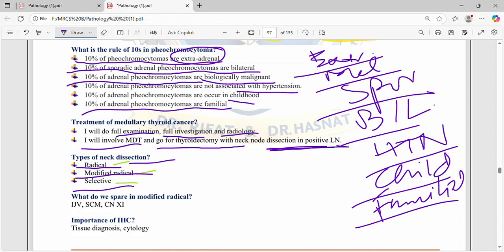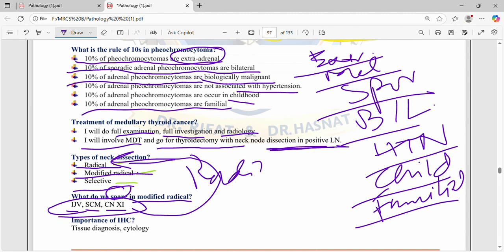What do we spare in modified radical? The internal jugular vein, sternocleidomastoid, and cranial nerve 11, the accessory nerve. In radical, we also cut these wider structures. So this is such a radical operation.